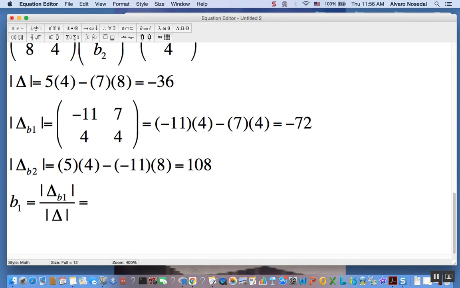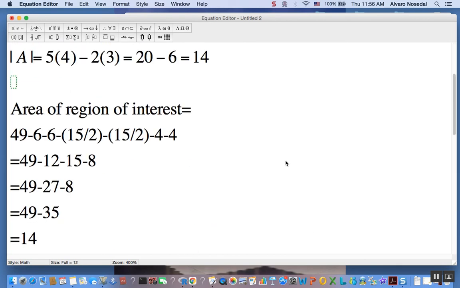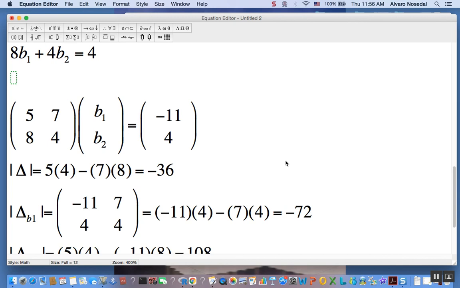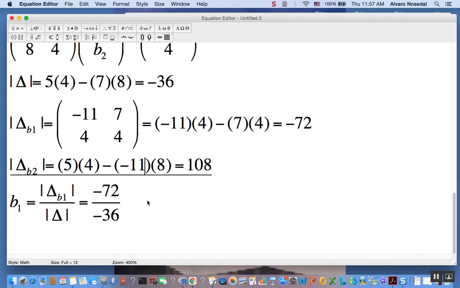Okay, so in that case it's going to be minus 72 divided by minus 36, which was the determinant of the system. Remember, here we are, right? Okay, so that happens to be 2.